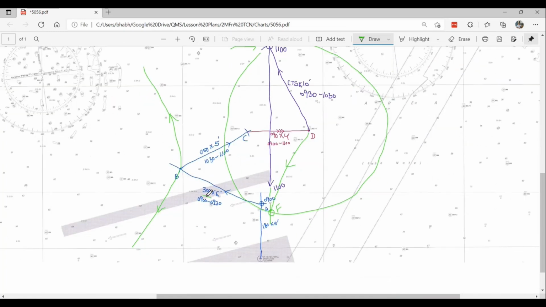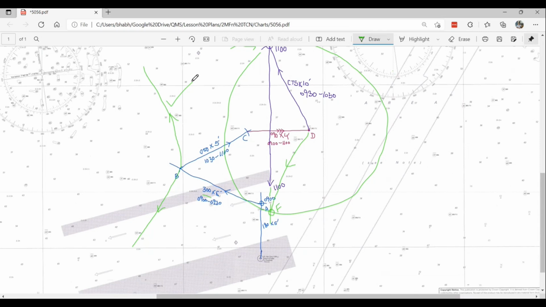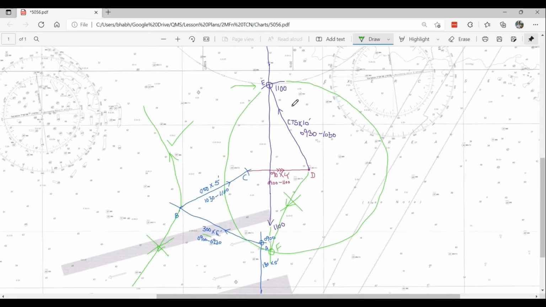So out of which is the alteration to starboard? This one is the alteration to starboard, so this cannot be our course. So delta to foxtrot, DF, cannot be our course, it has to be delta to echo.